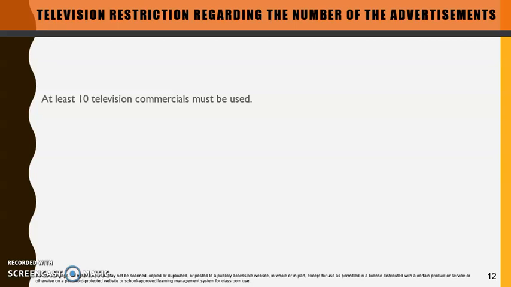It means that the number of daytime television commercials plus the number of evening television commercials should be equal or greater than 10, because it says it should be at least 10. So the summation of daytime and evening time, DTV plus ETV, should be equal or greater than 10.